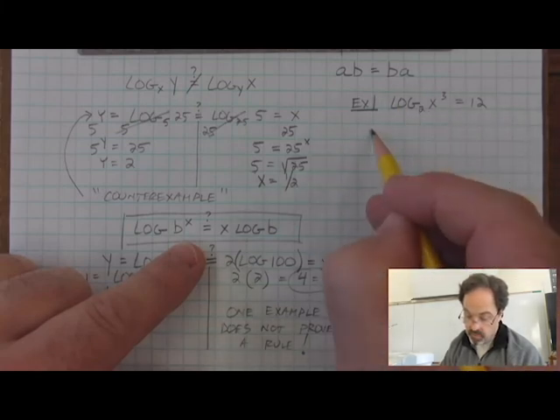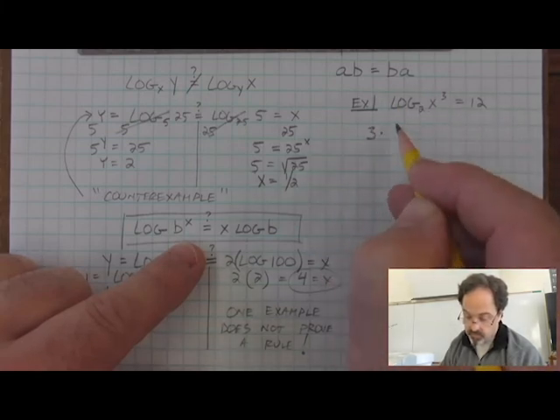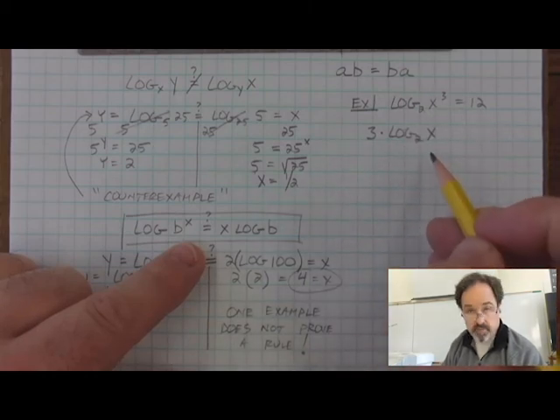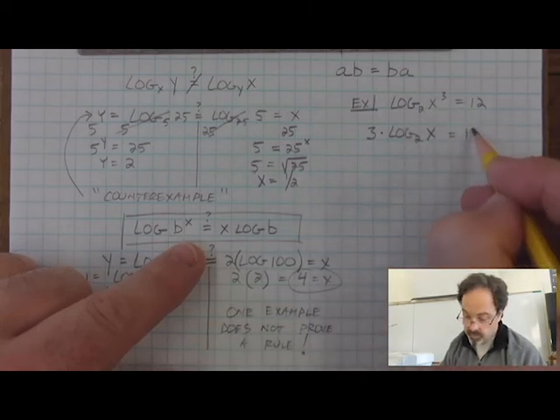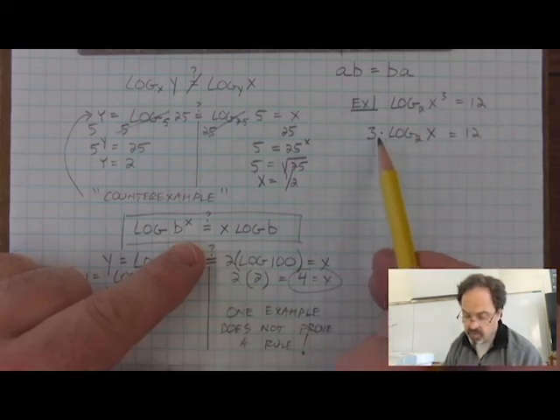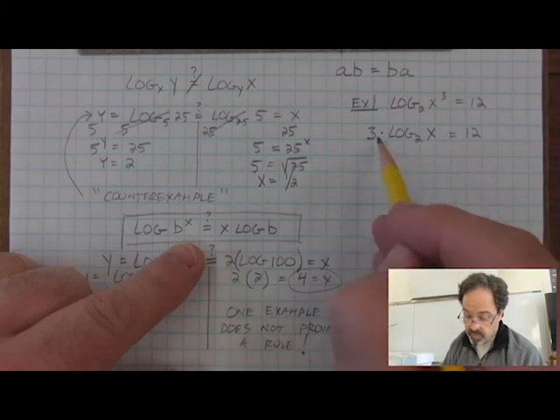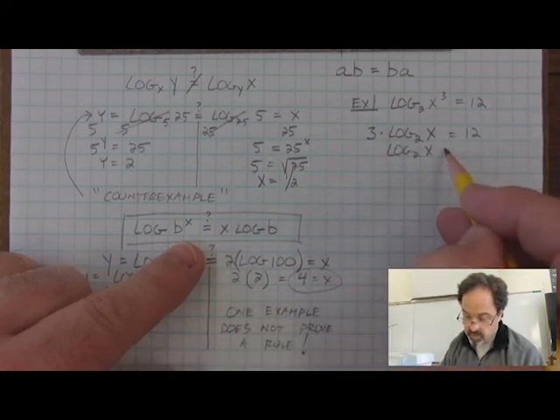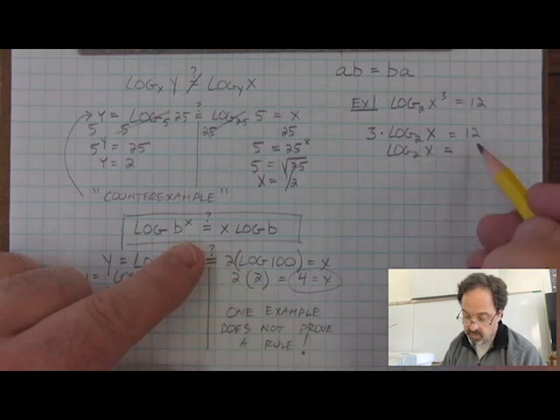In other words, I could put the 3 as a coefficient multiplying log base 2 of now this remaining x. And that's helpful because undoing this 3 is simple. I divide both sides by 3, and it cancels out on this side, leaving log base 2 of x. And I divide the right side by 3, 12 divided by 3 is 4.